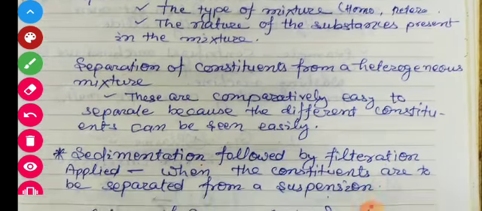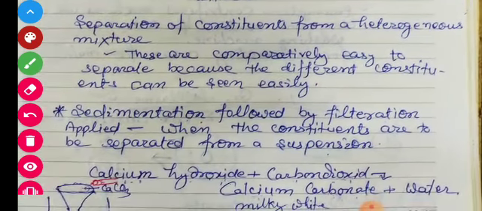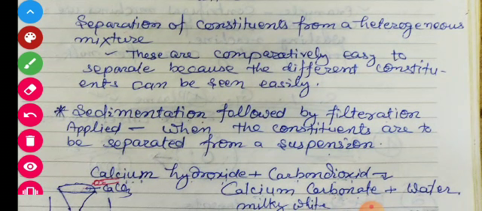First of all, we will discuss the separation of the constituents from a heterogeneous mixture. And the first method we will discuss is sedimentation. Sedimentation is the first method we are going to discuss.